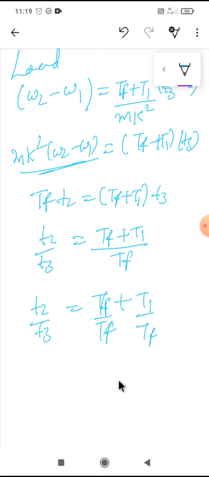Tf cancels, so we get 1 plus TL upon Tf, and this is equal to T2 by T3.